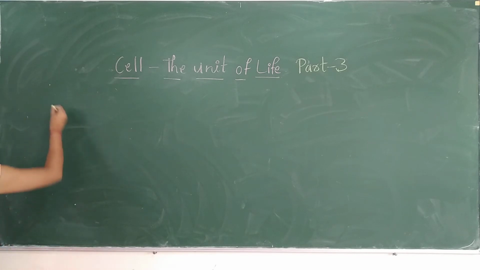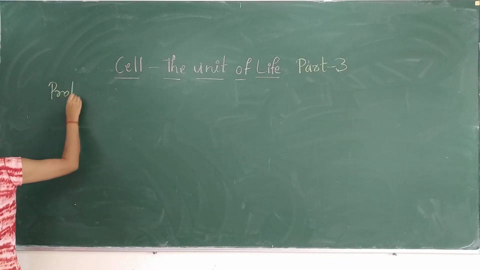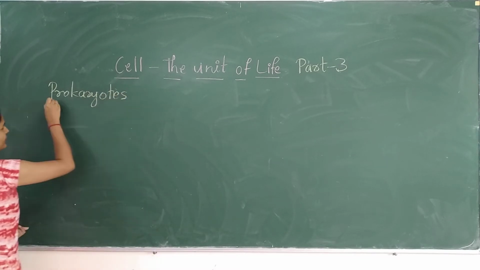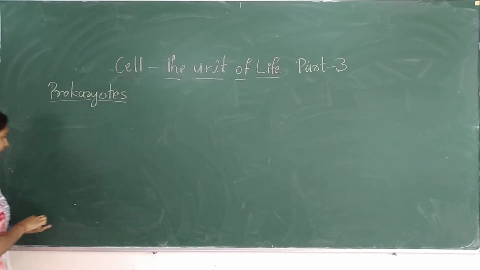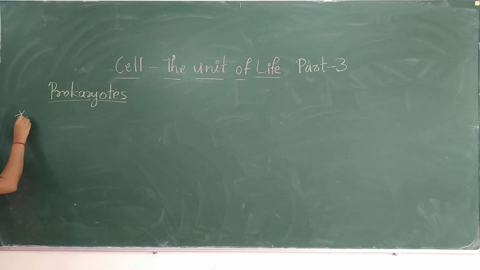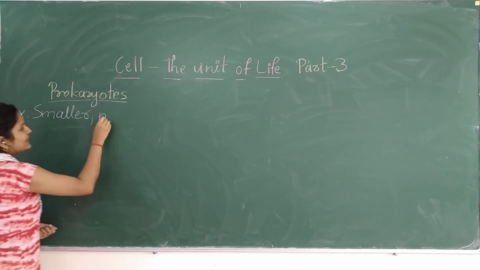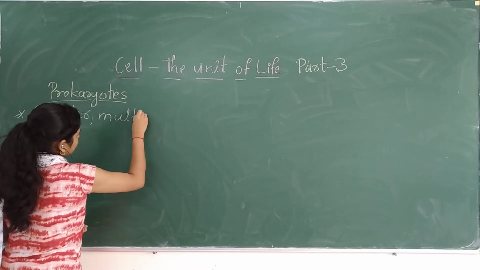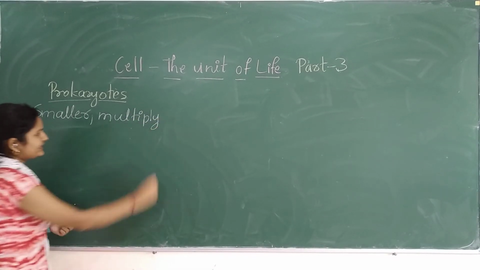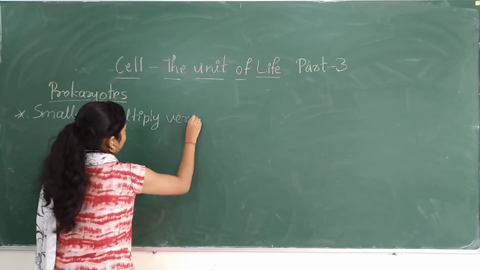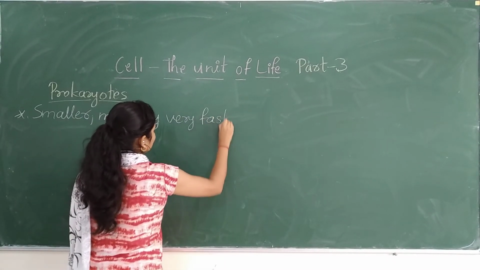The first point I told you is that they are smaller in size and multiply very fast compared to eukaryotes.